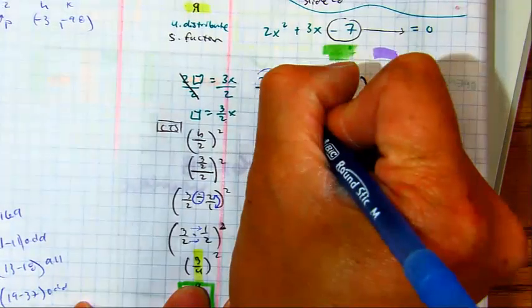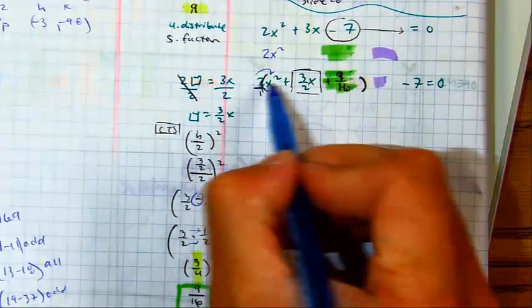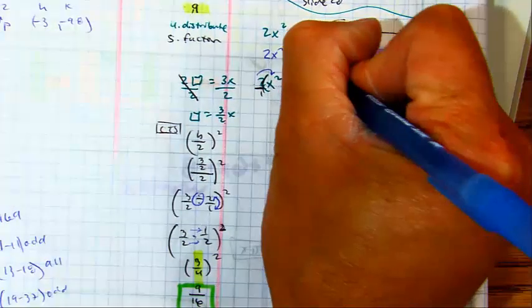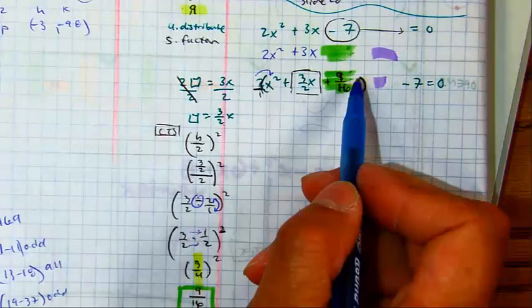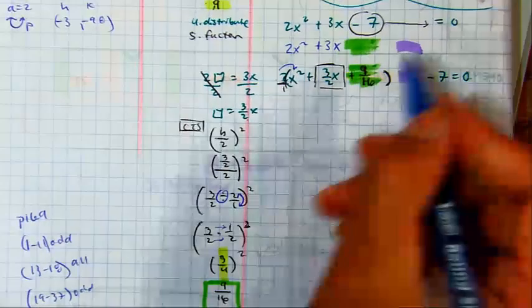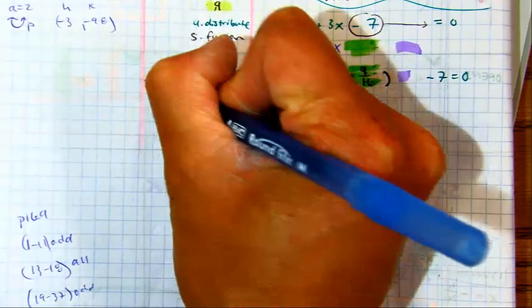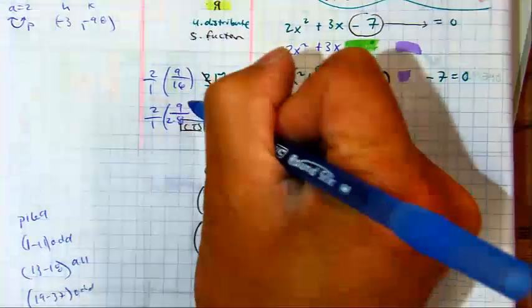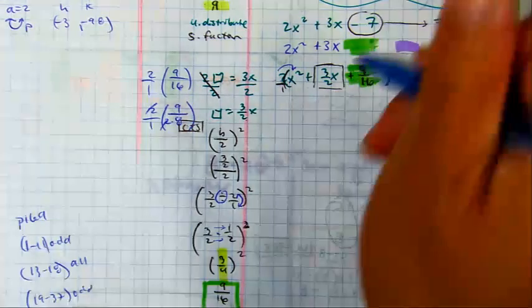Class, what's 2 times x squared? 2 times 3 over 2x. 6 over 2, which is 3x, right? 2 times 9/16. 2 over 1 times 9 over 2 times 8. And cancel my 2's, I get what? 9/8.